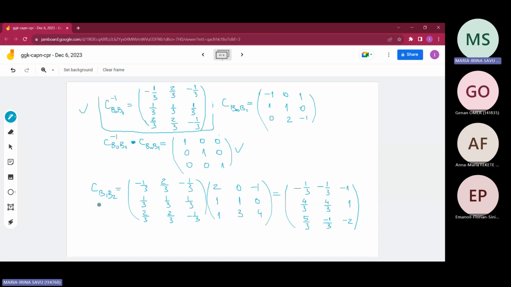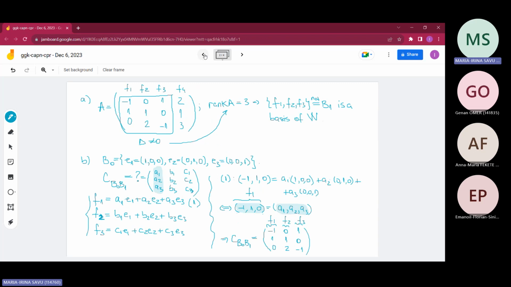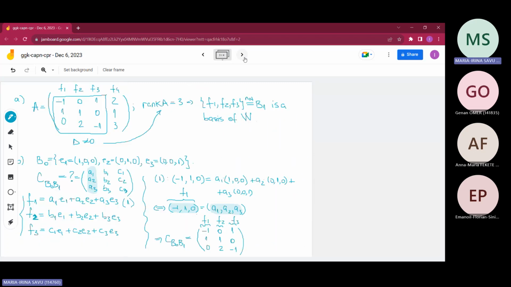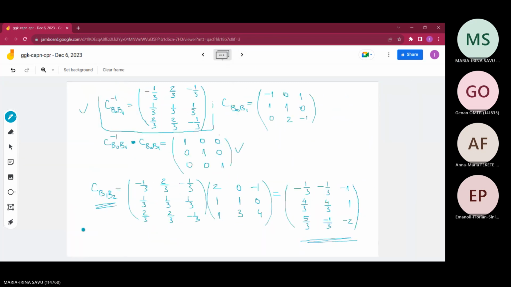So this is CB1, B2. And we have one more matrix to find, right? We have this one, CB2, B1. How do you find CB2, B1?